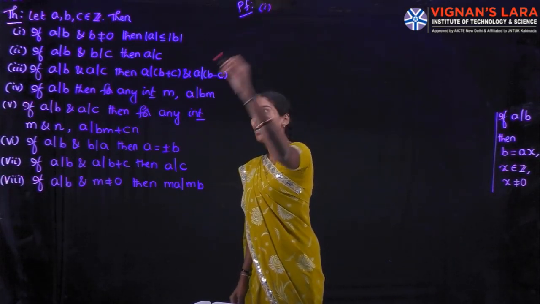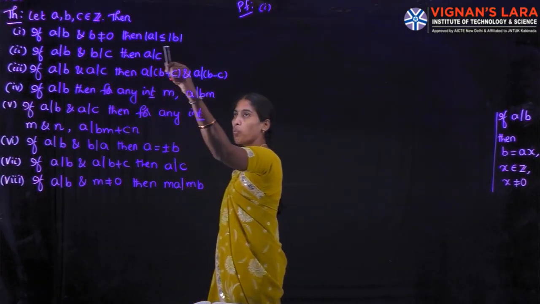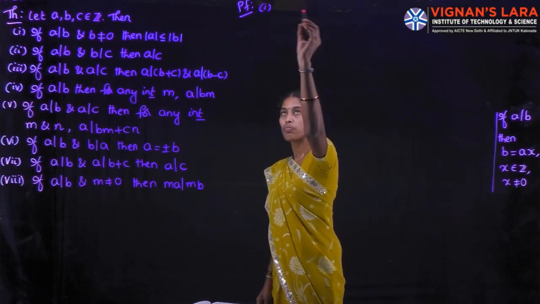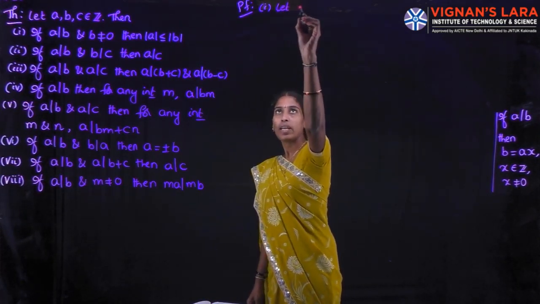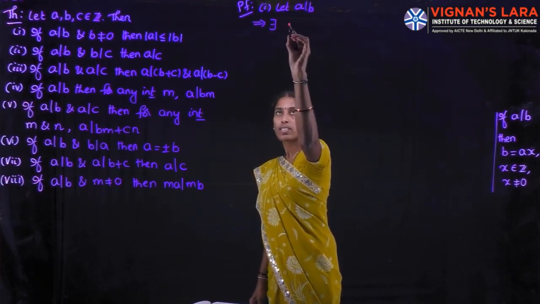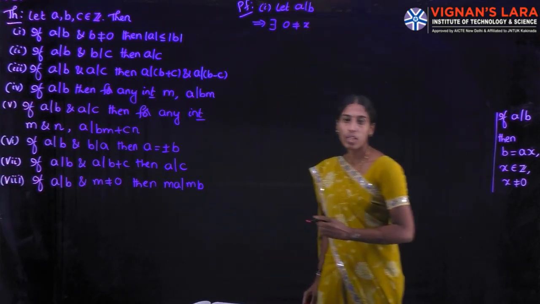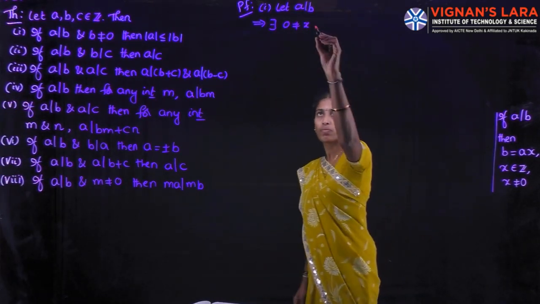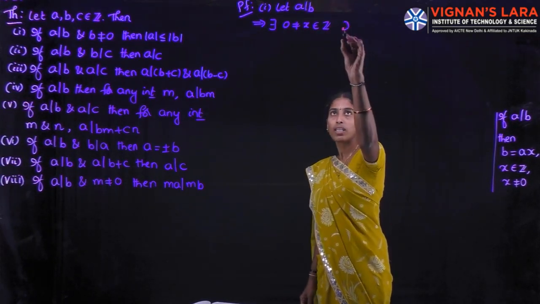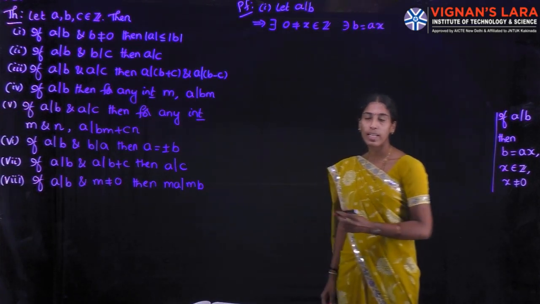First one. If then means we need to assume this one and we need to prove mod A less than or equal to mod B. First one, let A divides B implies there exists non-zero integer, so 0 not equal to X, which is an integer, so belongs to Z, such that, what is the definition? B is equal to AX, right?